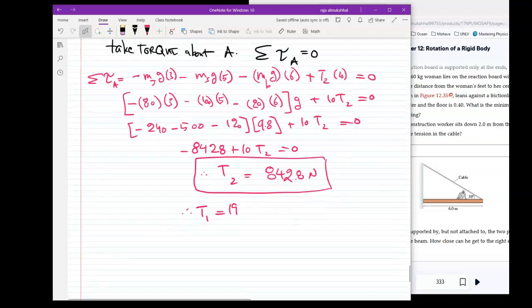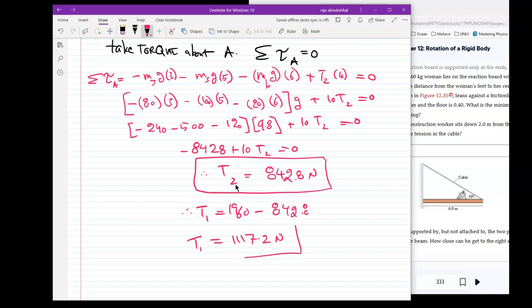1,960 minus 842.8. Answer, if I did it correctly, I hope I did, and that's equal to 1117.2 Newton.